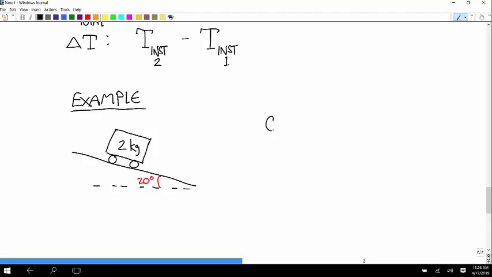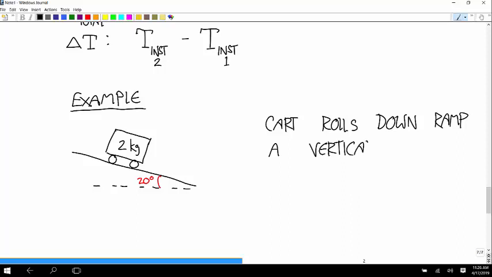And let's say that this cart rolls down the ramp a vertical meter. So in other words, it starts at this spot, ends at this spot, and this distance is 1 meter.